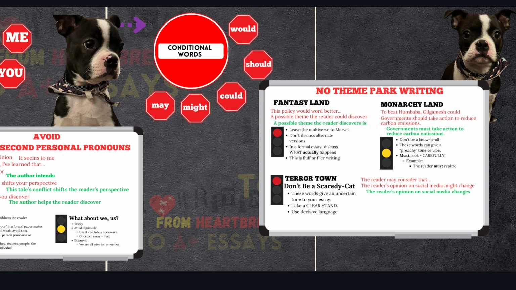And the last land in conditional world is Terror Town. Lastly, that is talking about may and might. Don't be a scaredy cat. Don't be a wimp. When you use words like may or might or could, you're giving off an uncertain tone or vibe to your writing. Instead, in a formal essay, you want to take a clear stand.